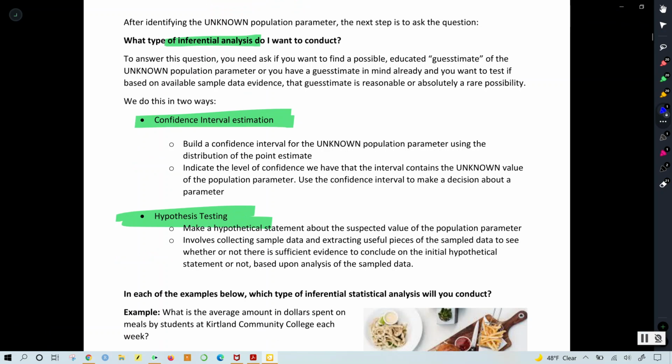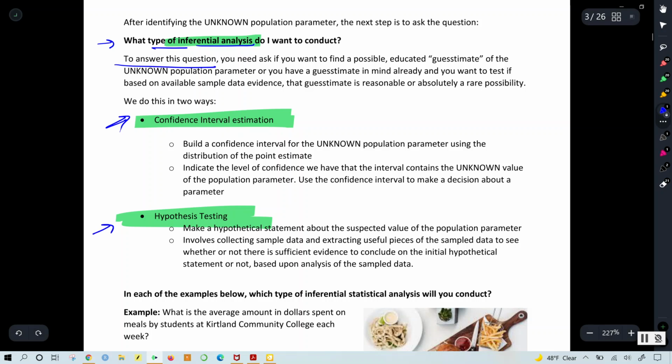Having identified the two types of inferential analysis that we can conduct, statistically speaking, we might ask the almighty question here. Of these two types of inferential statistics, how do I know which one to use and when?